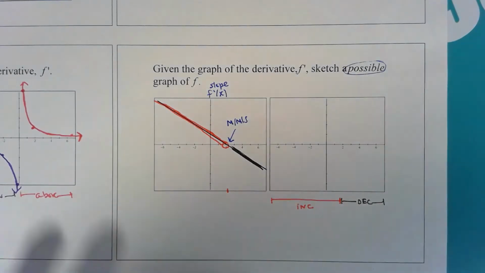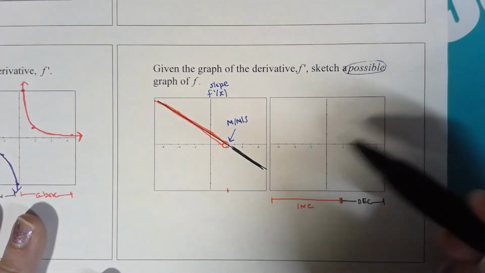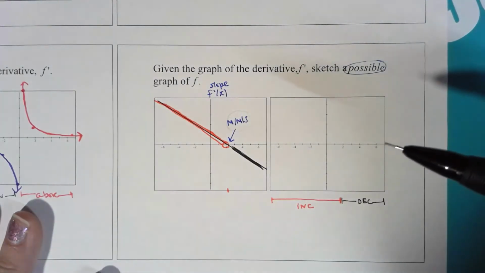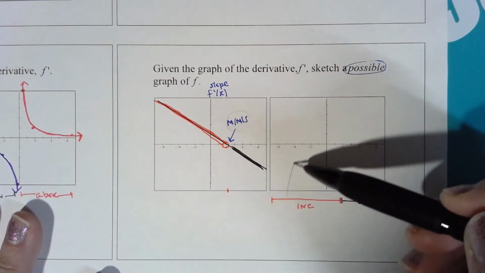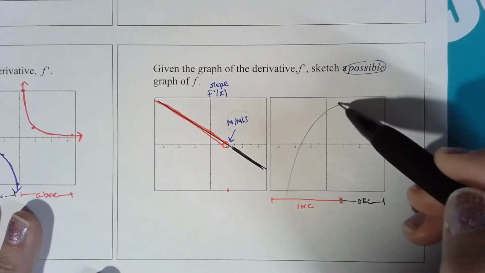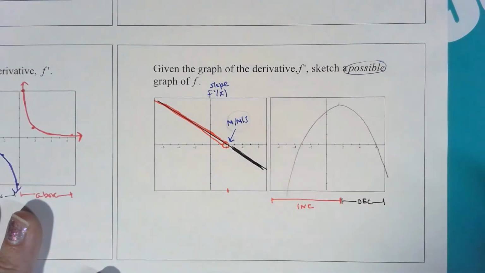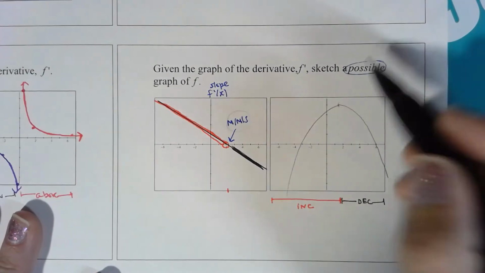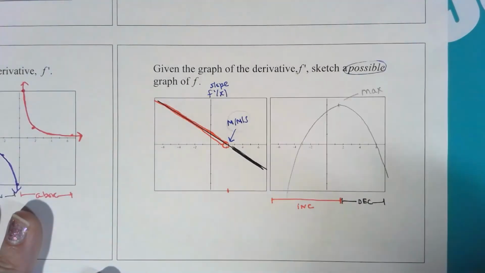I'm going to draw a graph that is increasing and then decreasing, and it has to have a smooth transition at 2. So let's increase, and then let's decrease. Look at that. At x equals 2, when I changed from increasing to decreasing, that maximum naturally occurred for us.